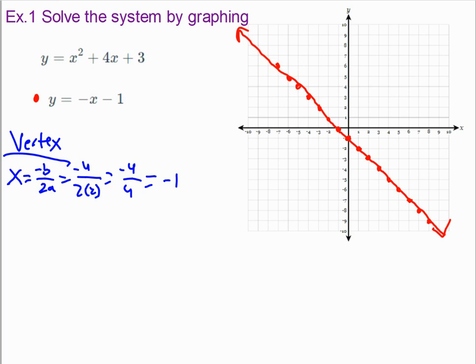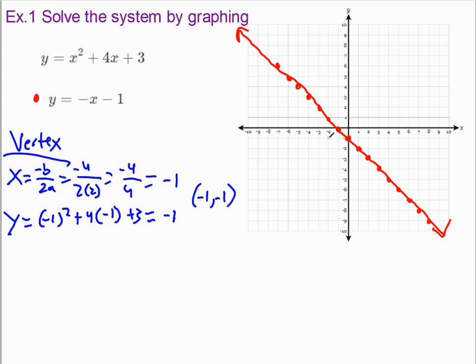And then I need to find the y value of my vertex by plugging negative 1 in. So I've got negative 1 squared plus 4 times negative 1 plus 3. If I work all of that out, I get negative 1. So my vertex is at the point negative 1, negative 1.